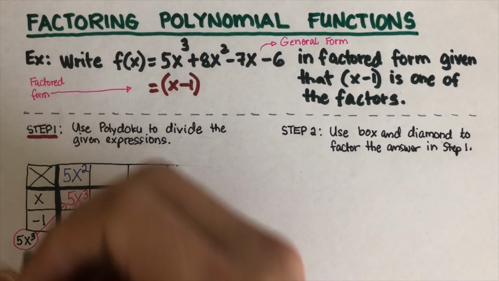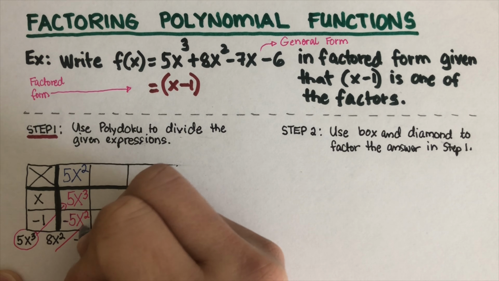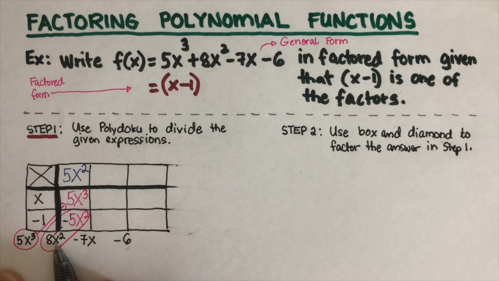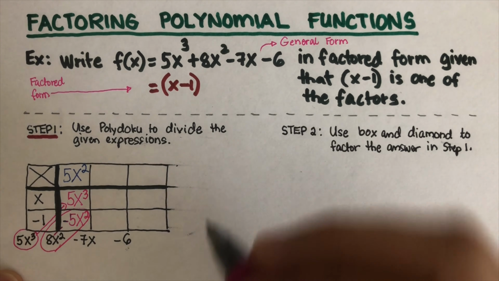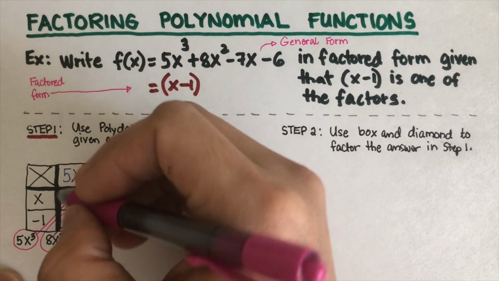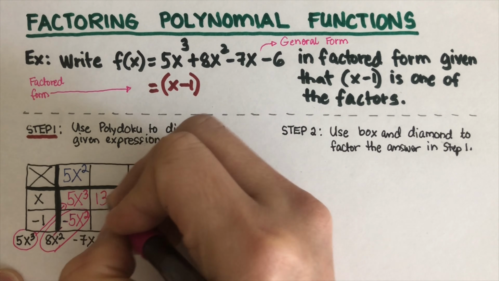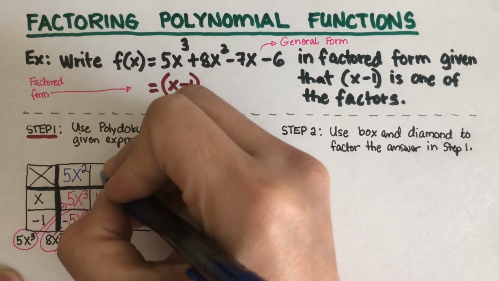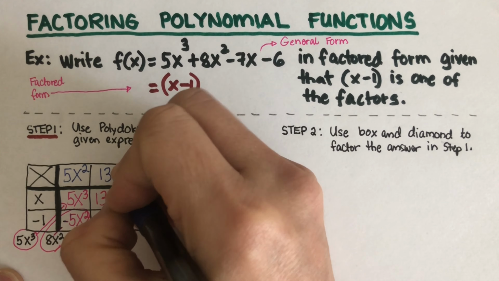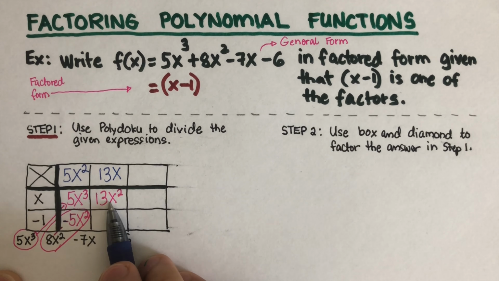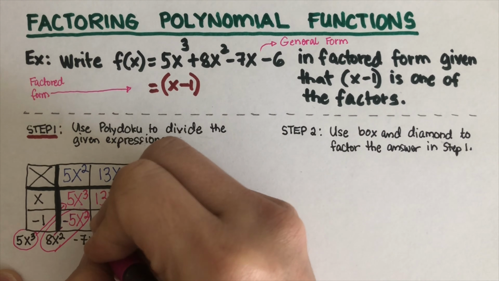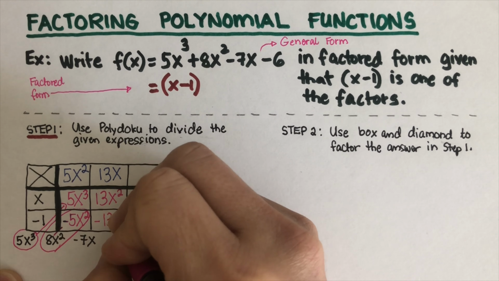The next thing that we are going to do is to subtract these two. So 8x squared minus negative 5x squared is 13x squared. And so we got a 13x here. So if you have 13x times x, that is 13x squared. And this is going to be negative 13x.